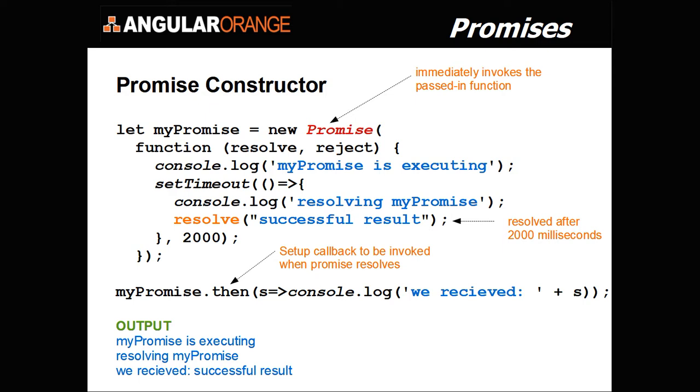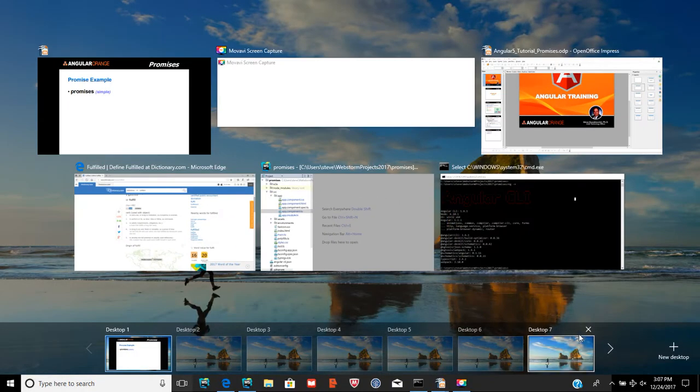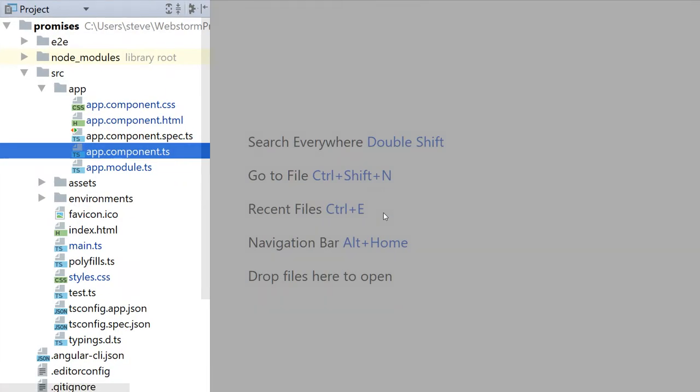Okay, so let's move on. Here now we're going to go through an example, and it's called promises. I have here simple, and I'm going to start out with this simple example, and I'm going to go through all the different examples in my sample project. Okay, so let's look at the application.